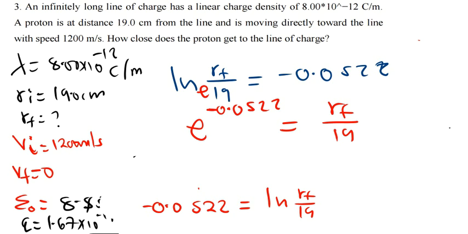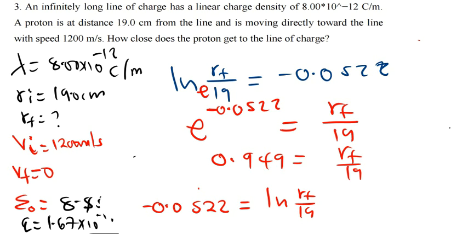Then you just punch on your calculator, shift where there is ln, that's where E is, then negative 0.0522. Okay, so it is giving me 0.949, which should be equal to RF divided by 19.